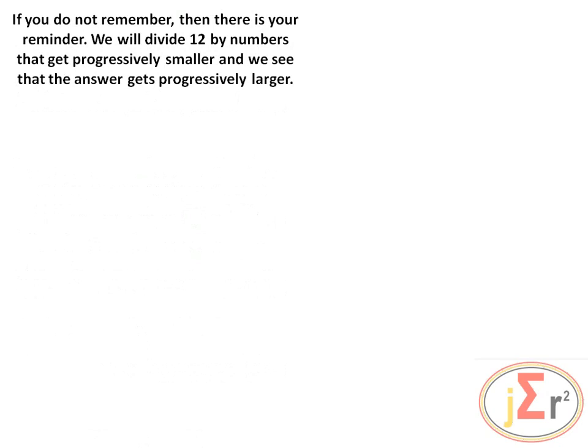We will divide 12 by numbers that get progressively smaller, and we see that the answer gets progressively larger. So 12 divided by 12 is equal to 1, and we will divide 12 by a number that is smaller than 12. So divide by 6 on this occasion, and the answer is larger than what we had before.